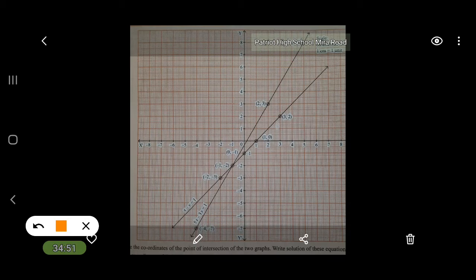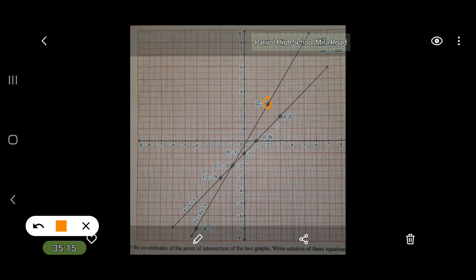The first point is (2, 3): 2 in the x axis and 3 in the y axis. So this is the first point. The second point is (5, 8), sorry, not this point. 2 and 3 is here, this is 2 and 3.